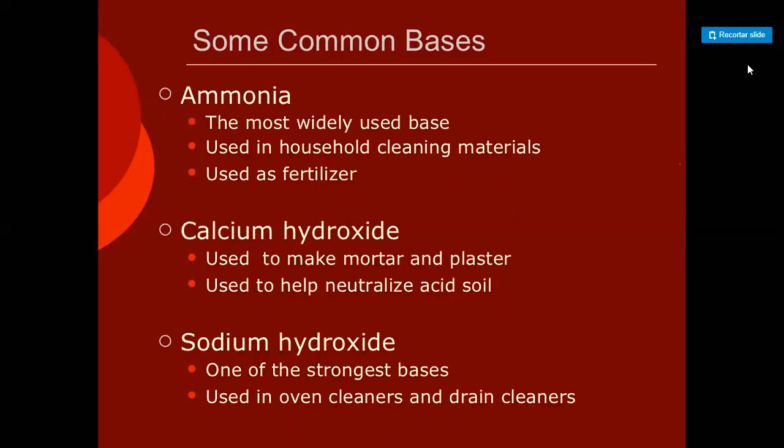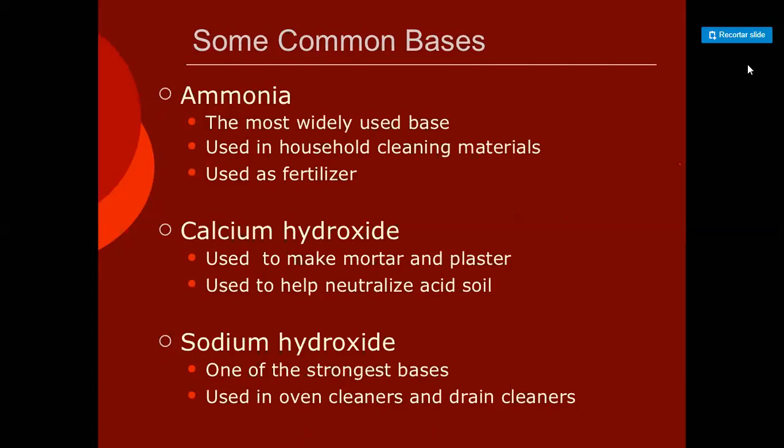Common bases: ammonia, the most widely used base, used in household cleaning materials, hair dyes, and fertilizers. And you have heard of the ammonium ion, NH4+, which is the only basic ion without a metal.